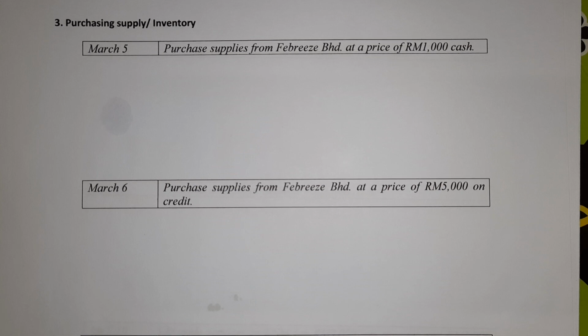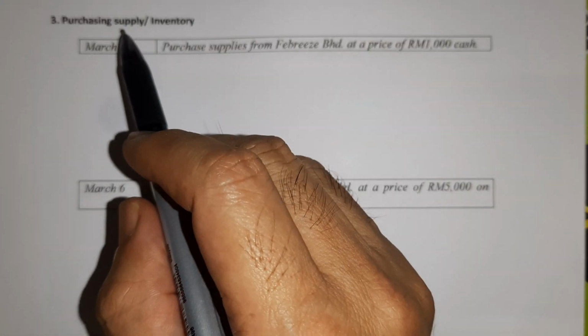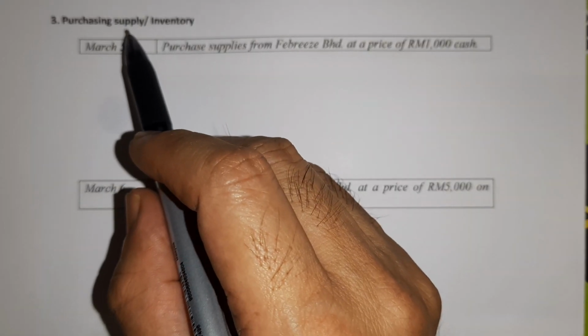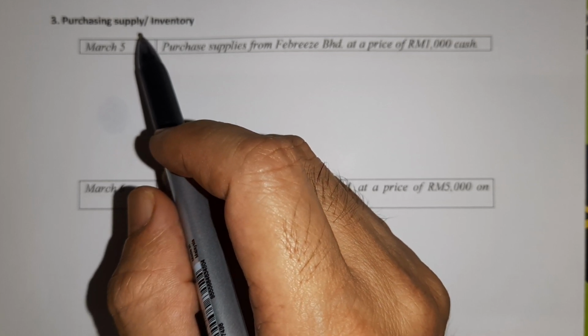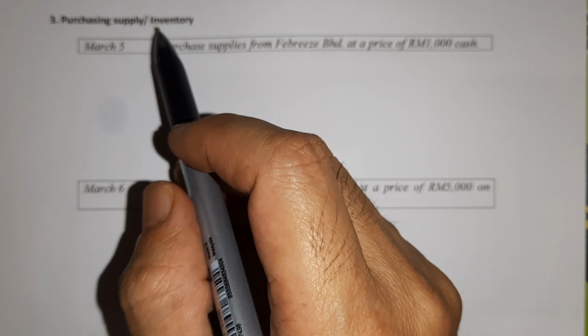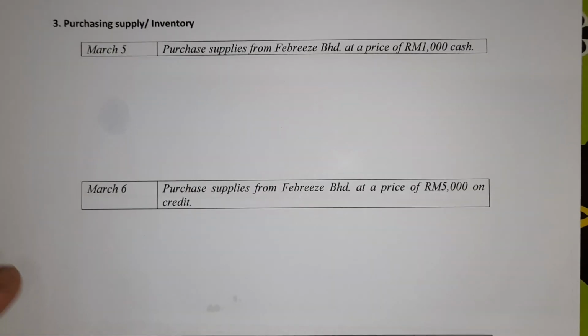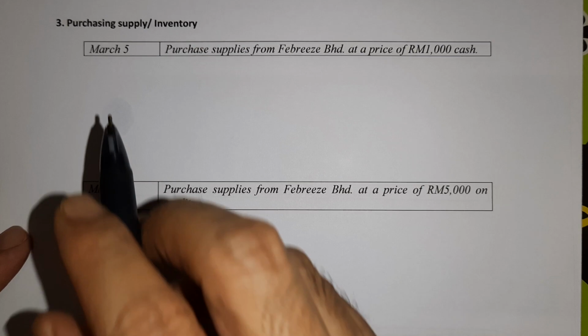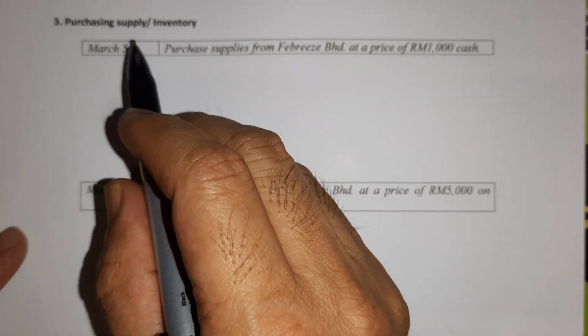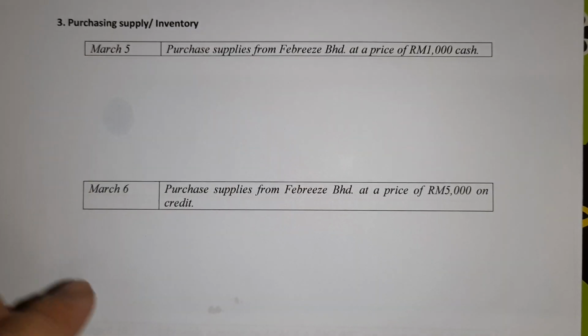So we do transactions related to purchasing of supplies. A service business does not have inventory, because a service business does not sell anything. So a service business has supplies. Okay, see.